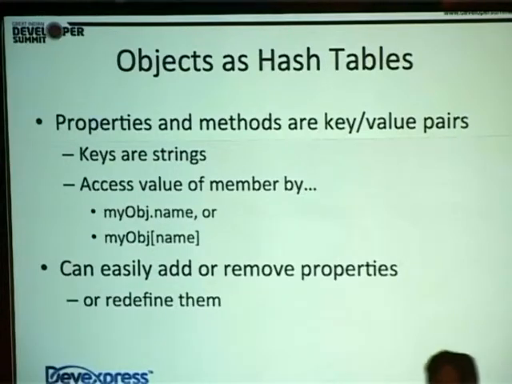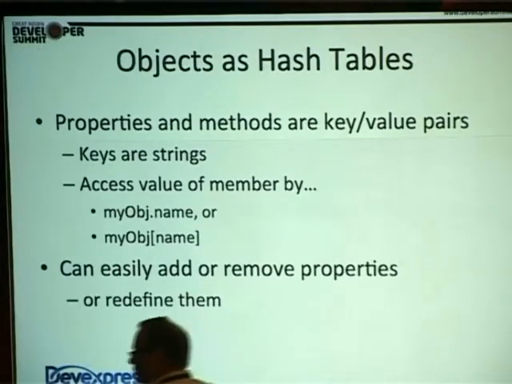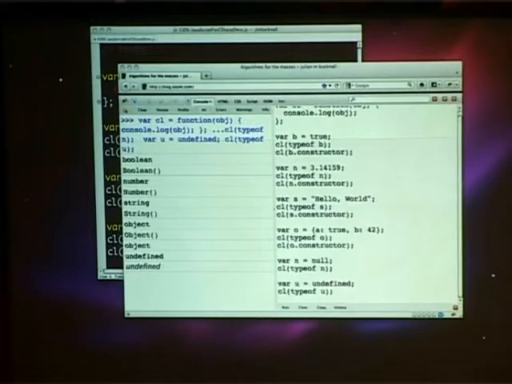And you can access a value of a member by either the dot notation, the dot operator. So we've got here myObject.name. Or you can use the indexing operators, the square brackets. Both of those are equivalent. The interpreter will compile them both in the same way. And you can easily add or remove properties. An object is very fluid in that sense.